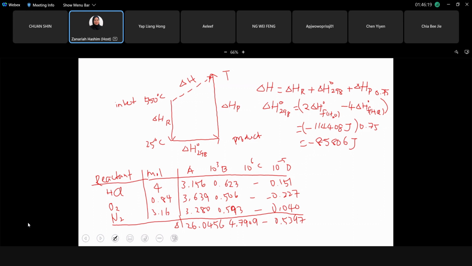Now that you have these, you can calculate delta CPH over R. You need to calculate tau first. Your tau is 550 plus 273.15, divided by 298.15, so your tau is 2.7609.